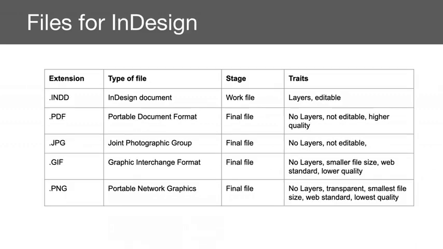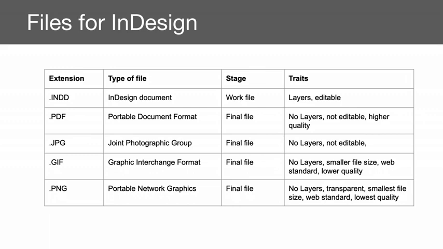And lastly, for those of you working in InDesign, InDesign is a merger of text and images. So you're constantly going to bring stuff into InDesign, and when you're working in InDesign, I always recommend working with the high quality stuff first. So getting high quality raster images and high quality EPS files.